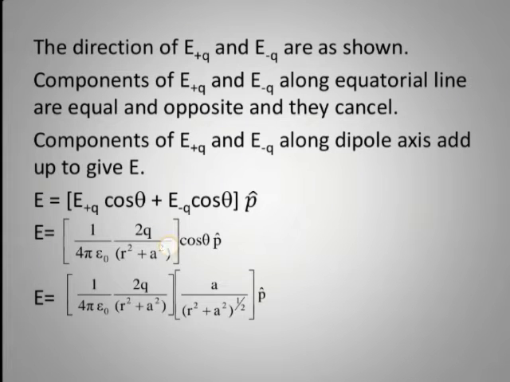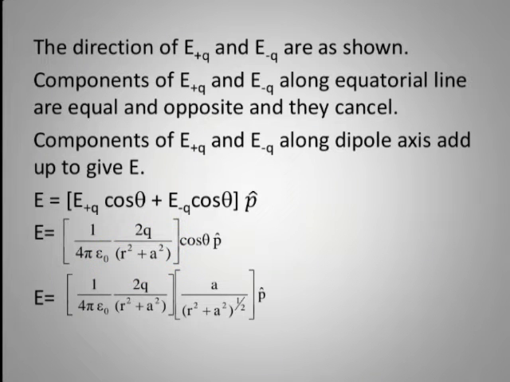The actual formula has the distance squared, so what do I get in the power of the denominator? r square plus a square to the power of half, squared. Half into 2, the 2 gets cancelled, and the power you get is r square plus a square.